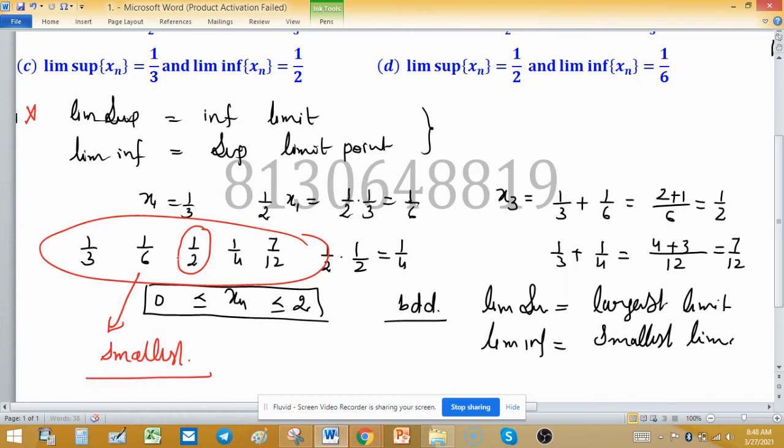I am not saying it is so in all terms. This is by trial and error. 1 upon 6 is the smallest in these few terms. So the possibility of limit inferior is 1 upon 6, and limit superior is 1 upon 2.